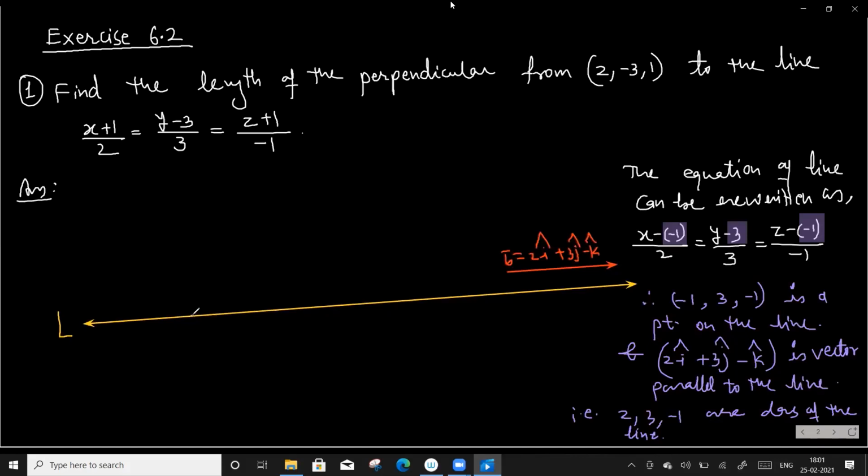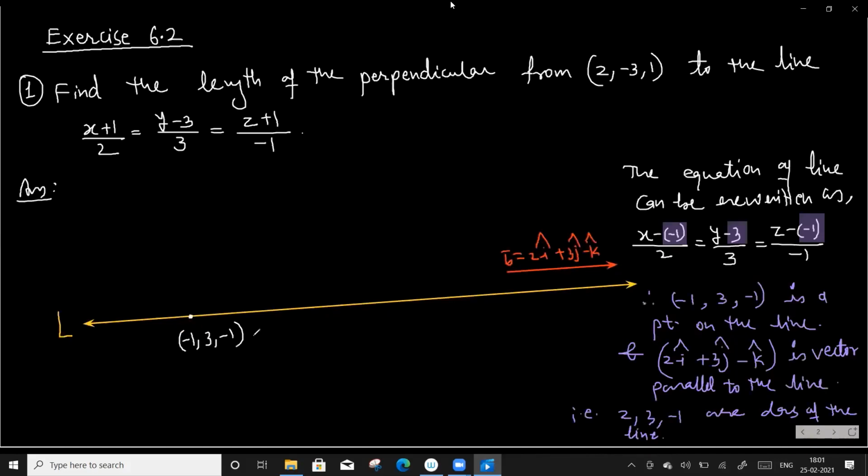I will take that point as (-1, 3, -1). I take this point as A, and the vector parallel to this is B.